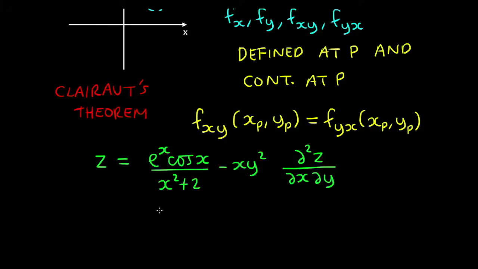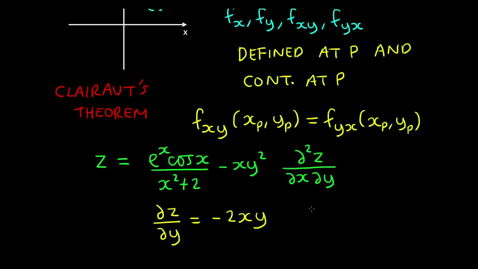So if you evaluate the partial derivative with respect to y first, we get minus 2xy, and this complicated term drops out because we're holding x fixed while taking the partial derivative with respect to y.